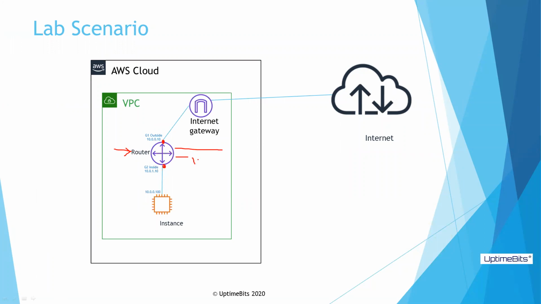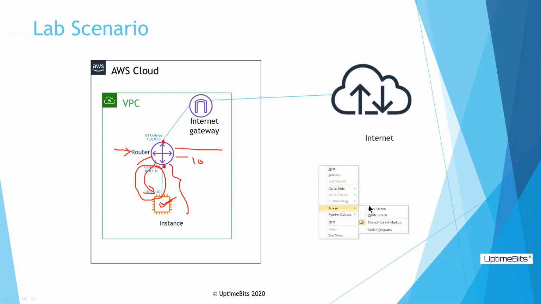That ACL was 10, and it is matching this subnet, which is my inside subnet. Since these two are directly connected interfaces, from this router I did an SSH to this directly, and now I'm into this instance, the host one instance. If you're not able to get it, just pause the screen or re-listen to whatever I said. I think it should be clear.